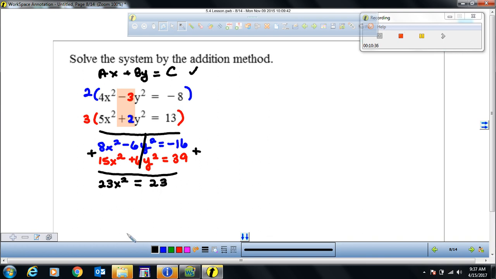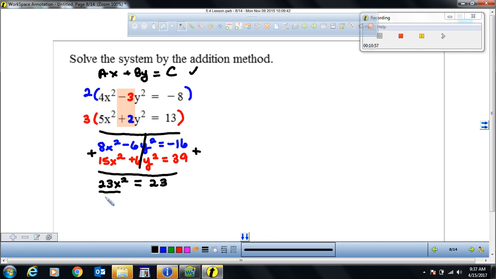Then to solve for x, you see that there's only one x term. Even though it's a square, we don't need to factor. We can use the square root property because the only term we have is the x squared. Anytime we only have the term that has a square, you can always use the square root property, which is going to be the simplest way to solve it.